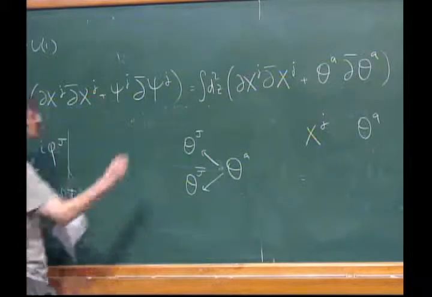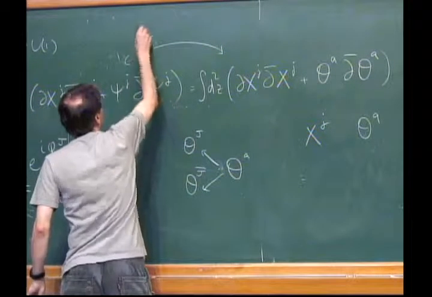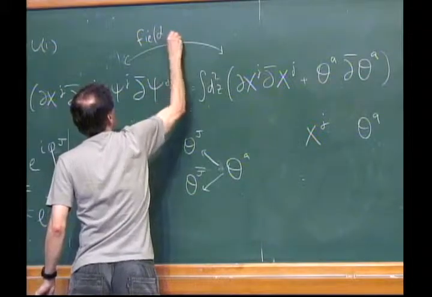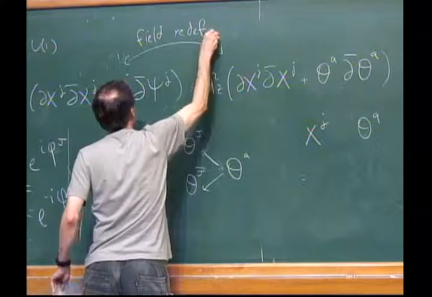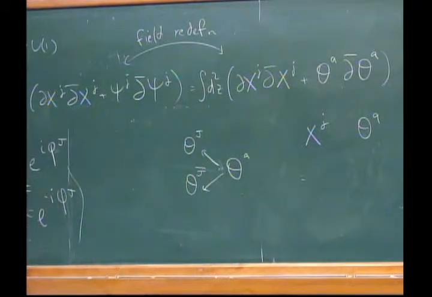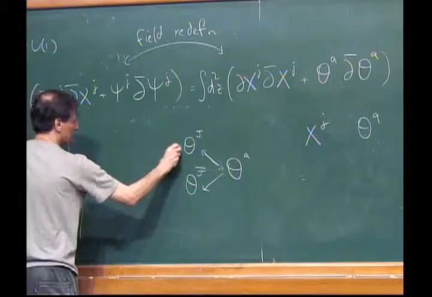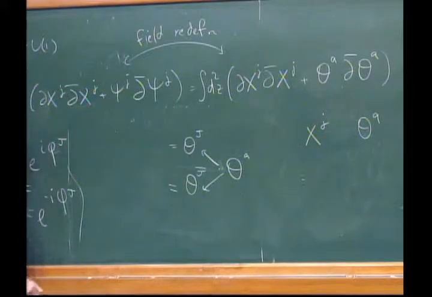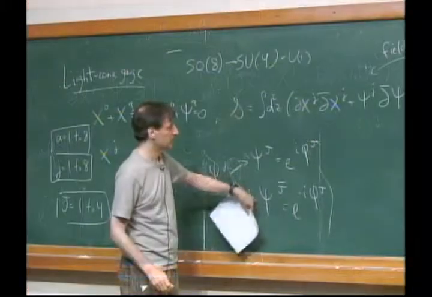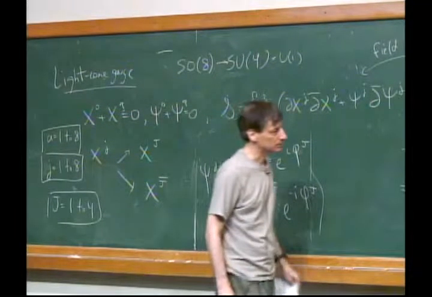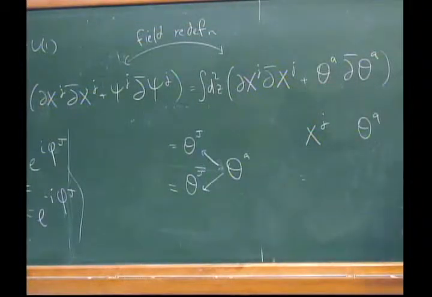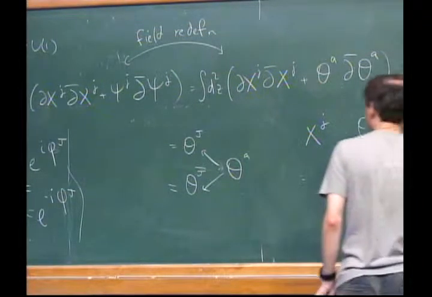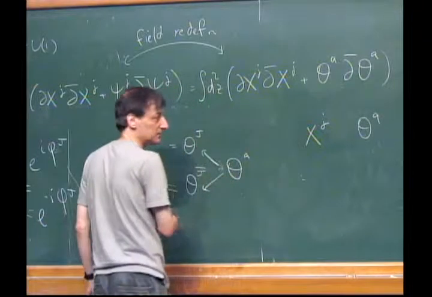So there's actually a field redefinition which relates these light cone descriptions. Now the reason why I'm telling you this is because these thetas, instead of being either periodic or anti-periodic on the worldsheet, like these, you can define them so that they are always periodic on the worldsheet.